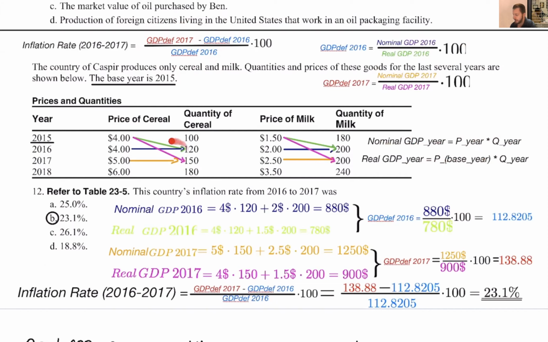I kind of drew this in, and I kept the color theme so that you don't get confused. So nominal GDP is 880 because it's 4 times 120 plus 2 times 200, and real GDP should be the green here.